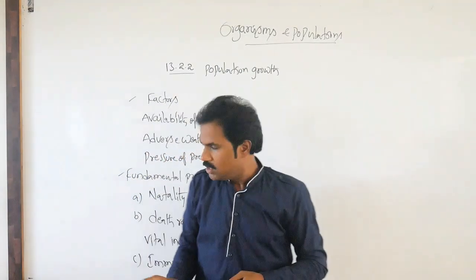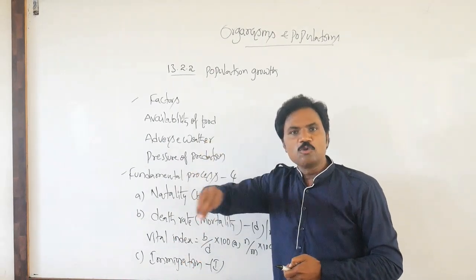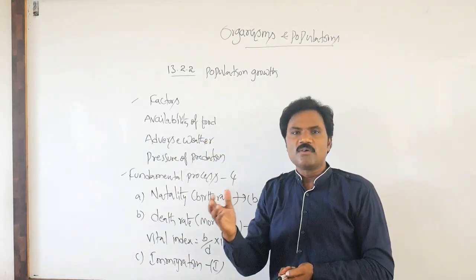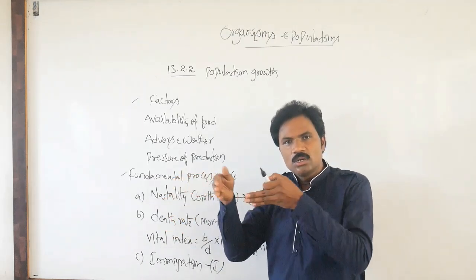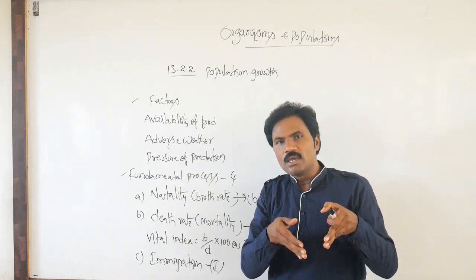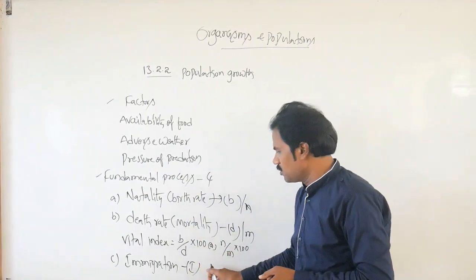Then immigration. What is meant by immigration? Immigration means coming into the population. Some organisms migrate from another place to a specific area and come into that population. It is very simple.